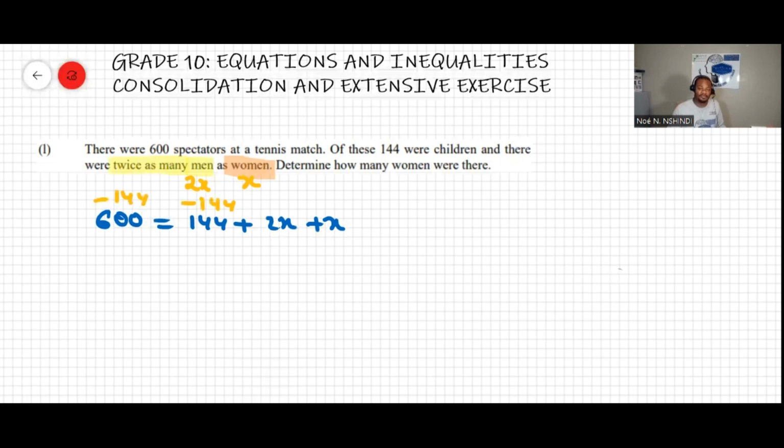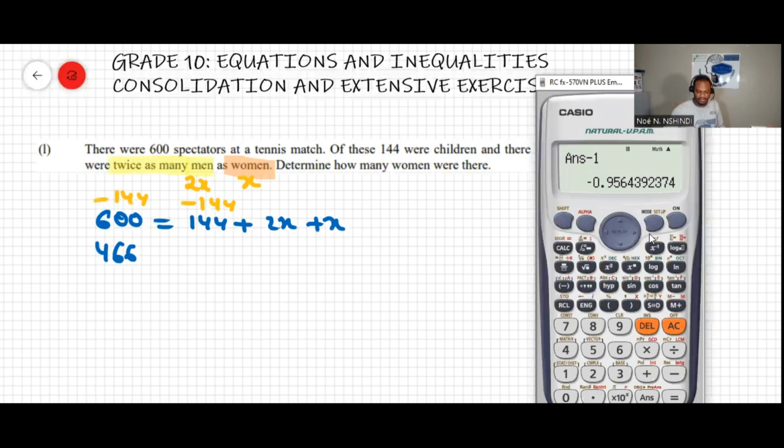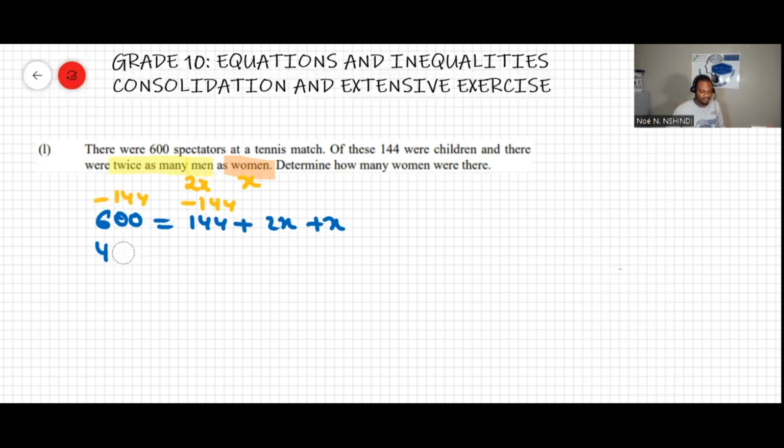600 minus 144 is 466. Mark right, 600 minus 144. 456, I meant. 456 equal to 3x.